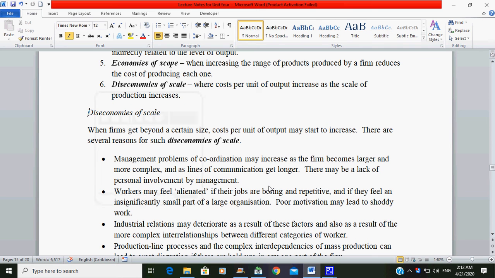Diseconomies of scale: when firms get beyond a certain size, cost per unit of output may start to increase. There are several reasons for such diseconomies of scale.